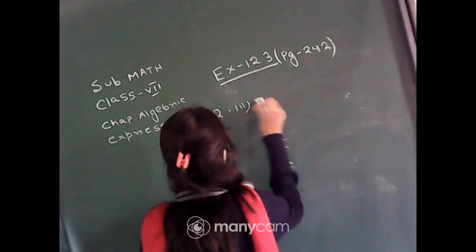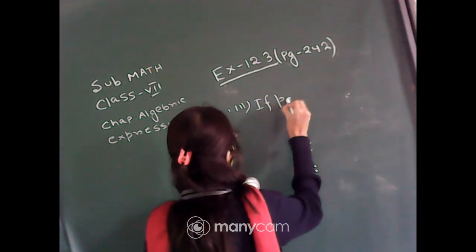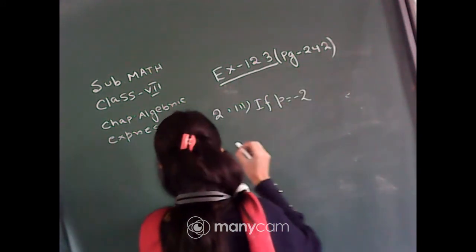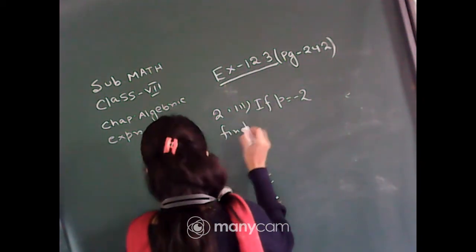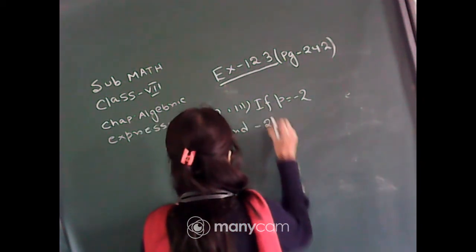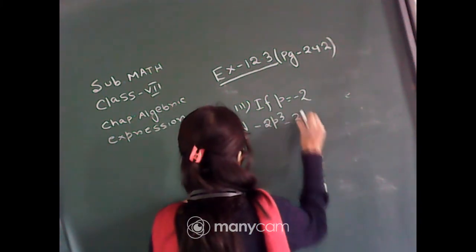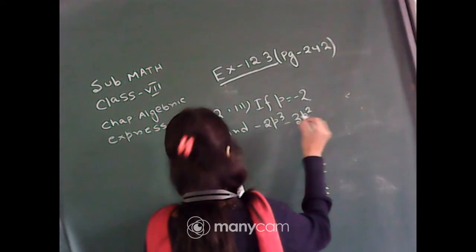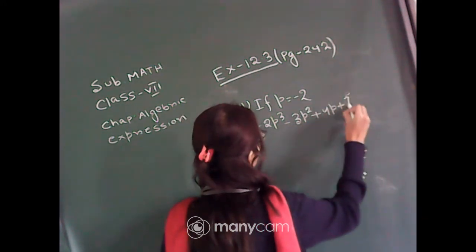If p is equal to minus 2, find the value of the expression minus 2p cube minus 3p square plus 4p plus 7.